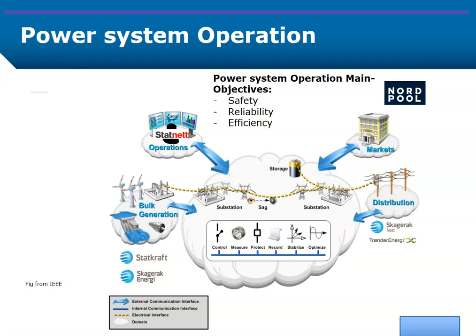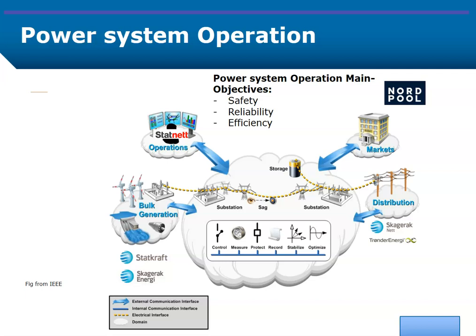In Norway we have the TSO Statnett, which does the operation at the transmission system level. In distribution and some regional distribution systems, we have companies such as Skagerrak Nett, close by here in Porsgrunn. We of course also have markets for selling and buying power.